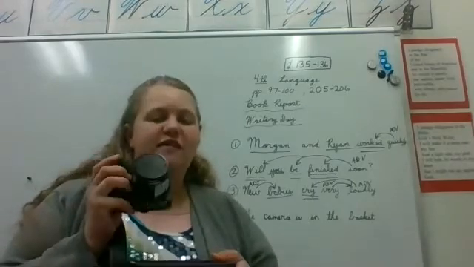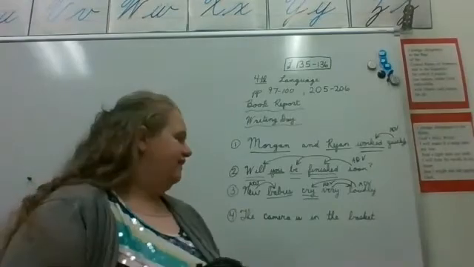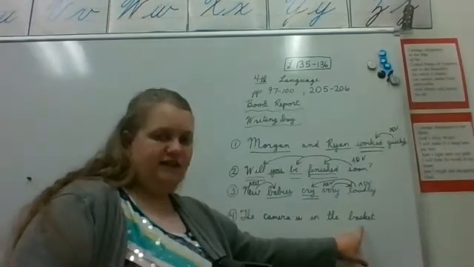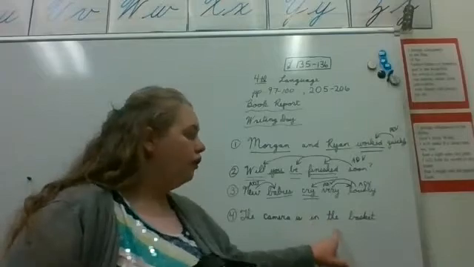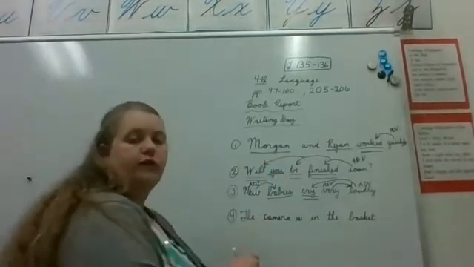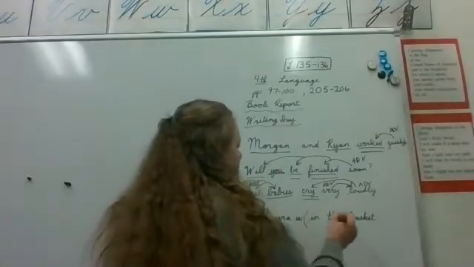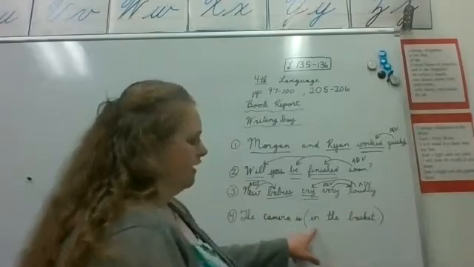The camera is in the basket. So where is the camera? In the basket, okay? So this whole thing is a phrase. Let me show you. When we have a prepositional phrase, I like to mark it off with parentheses, okay?